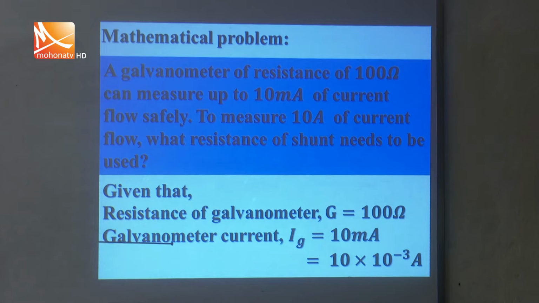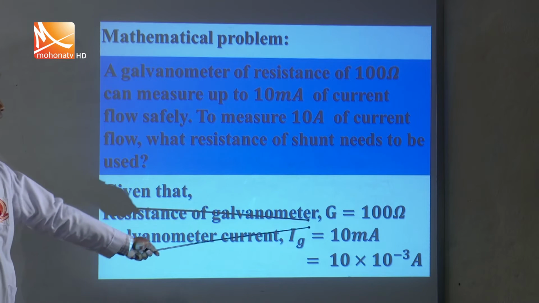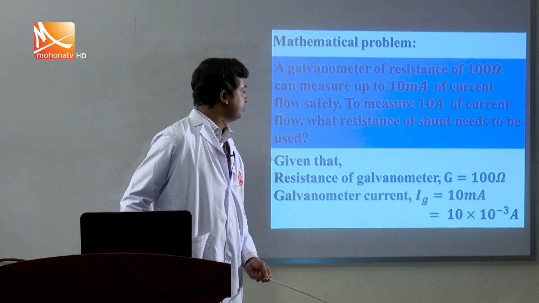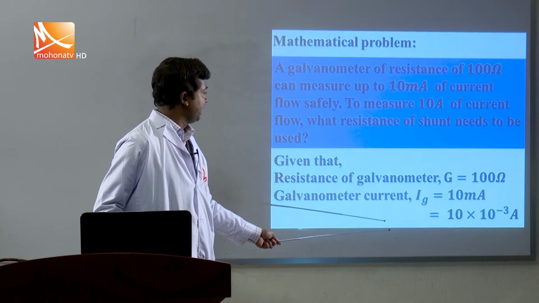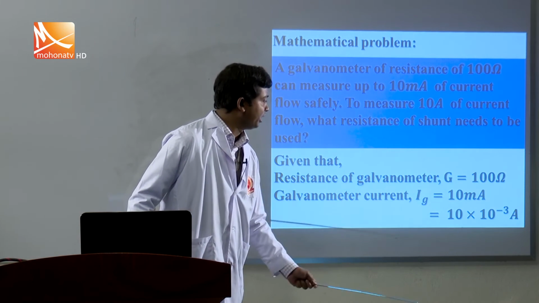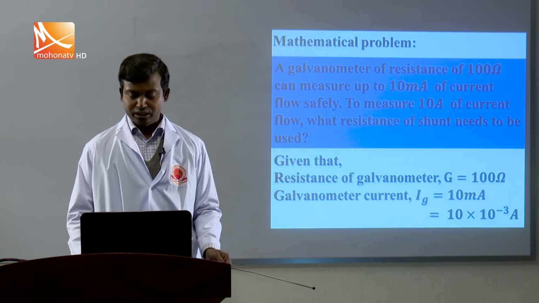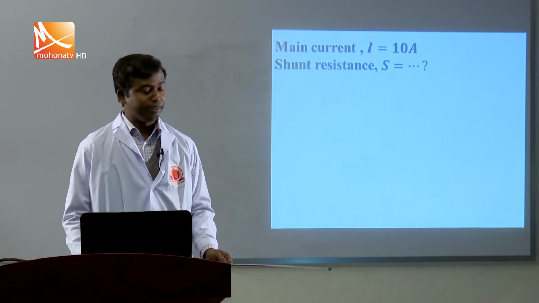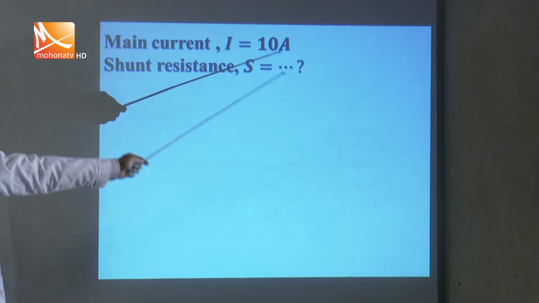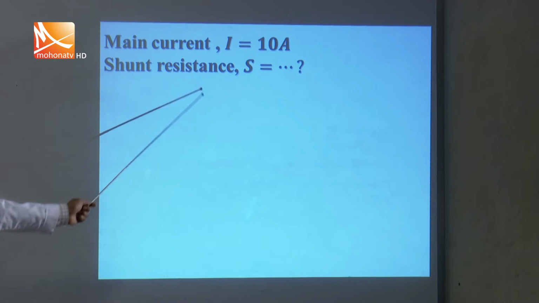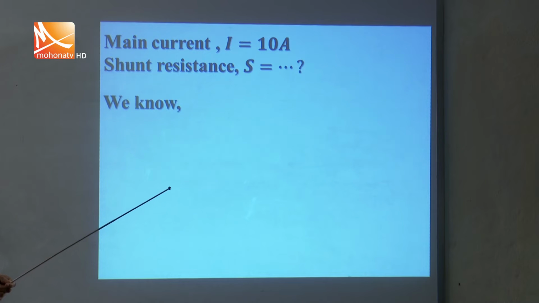The resistance of the galvanometer G equals 100 ohm and galvanometer current Ig equals 10 milliampere, which can be written 10 into 10 to the power minus 3 ampere. Another given is that the main current I equals 10 ampere, and you have to calculate shunt resistance S.